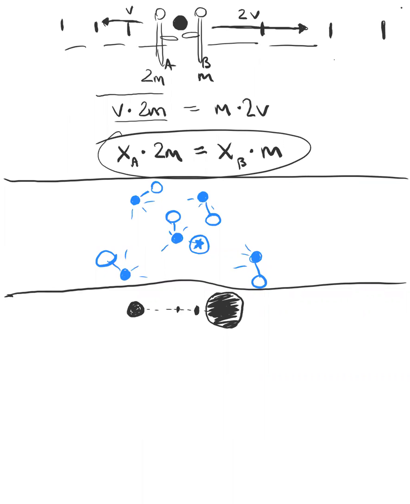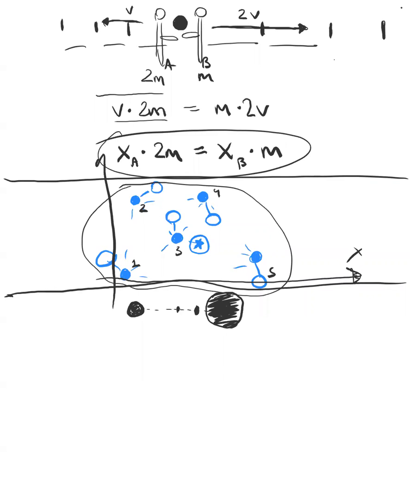If you have a bunch of points that have different masses, for example, in this case, let's say this is point 1, 2, 3, 4, 5, then to find their center of mass, you have to draw x and y coordinates. So this is my x-axis, this is my y-axis.